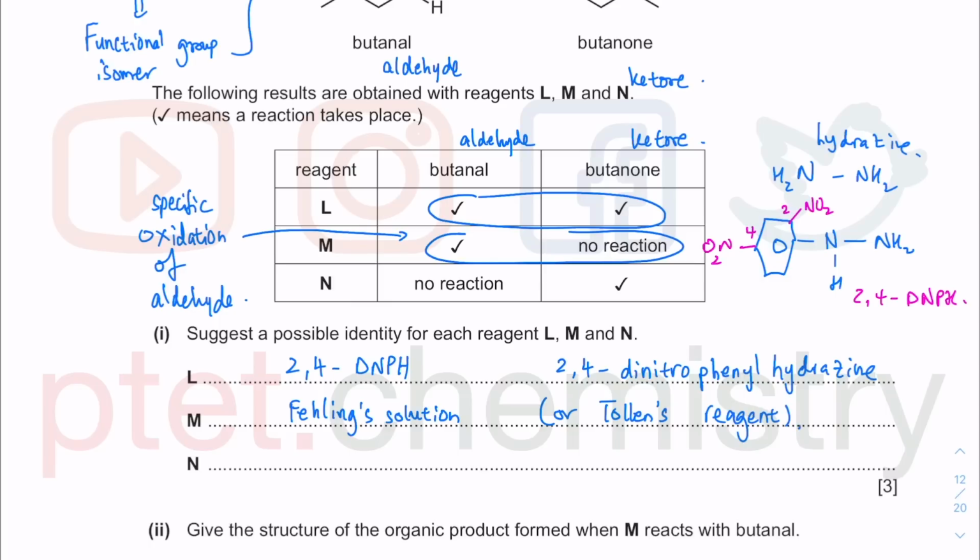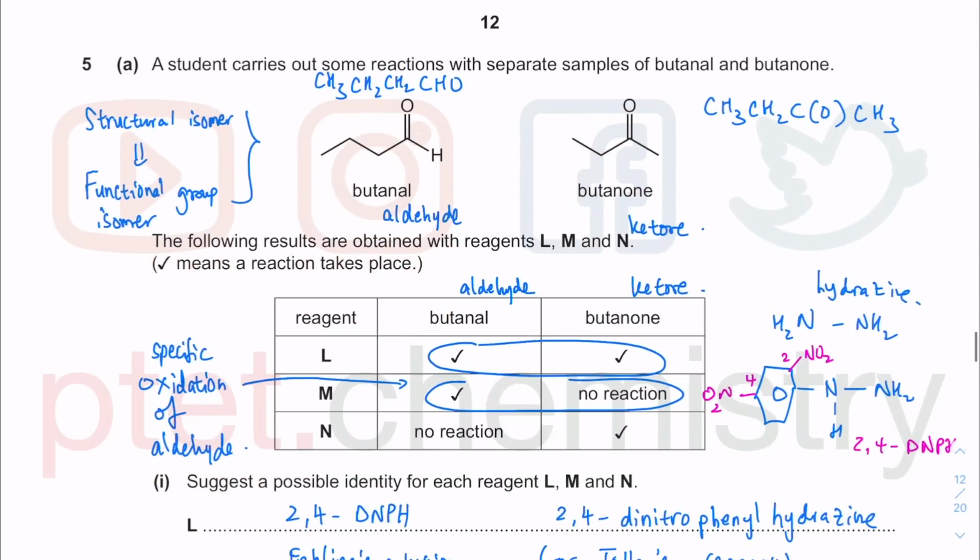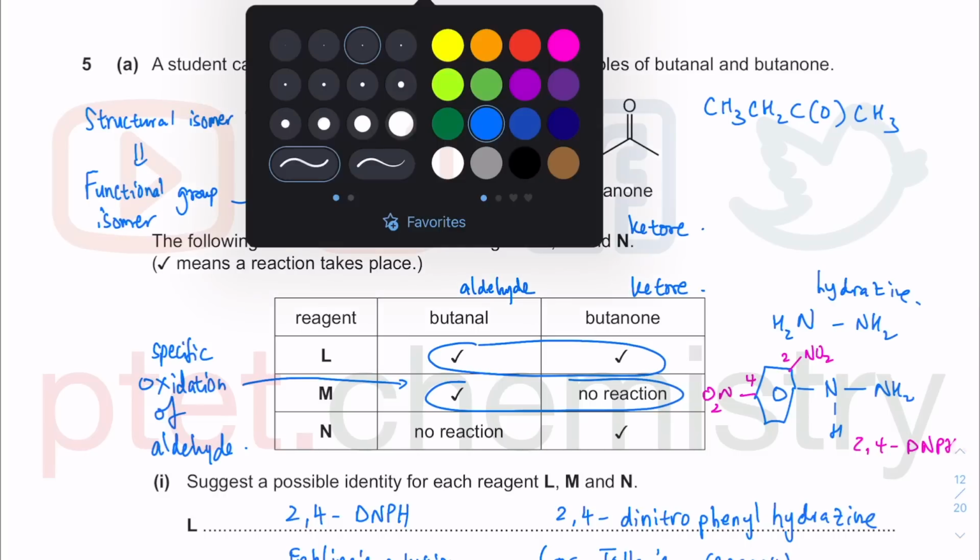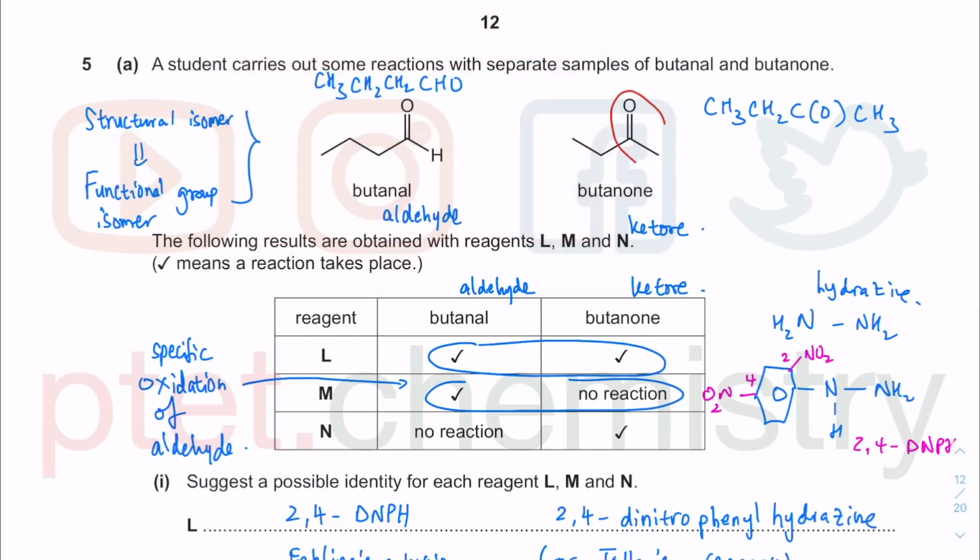As for the last reagent, it doesn't react with the aldehyde, it reacts with the ketone. Not many things will react with a ketone only without the aldehyde, but hopefully you can see the very specific CH3CO. This is called the methyl ketone, as stated in the AS syllabus, the iodoform test.